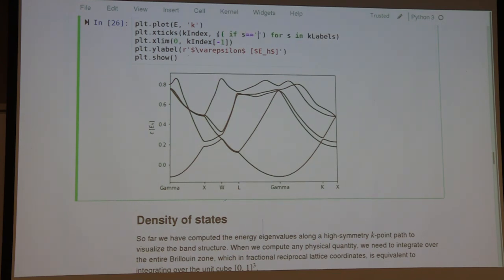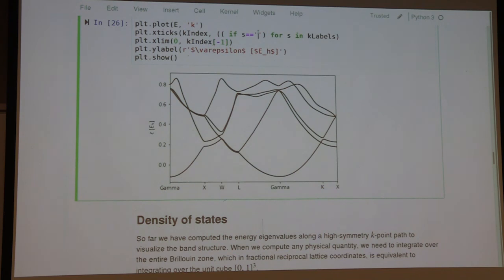What is that symbol thing you got? Is that just the parentheses? Which symbol? From the index? This one? Yeah. So k index minus 1 accesses the last entry of k index. So I'm basically saying set the end of the x range to be equal to the last value of k index, so it doesn't do that extra padding that it was initially doing.